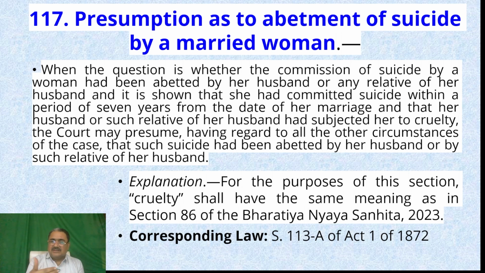So if within those 7 years of marriage there is suicide, and there is cruelty evidence or some other circumstances, the court may draw inferences that definitely the husband or in-laws or relative of such husband has abetted suicide. Now what does it do? It helps in proving the cases. So many times you might not have direct evidence, but through this evidence, it will help in proving some fact in the court.